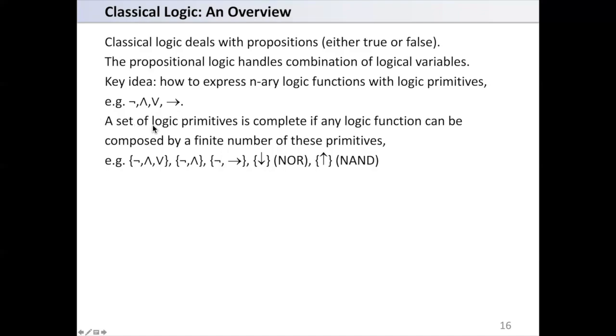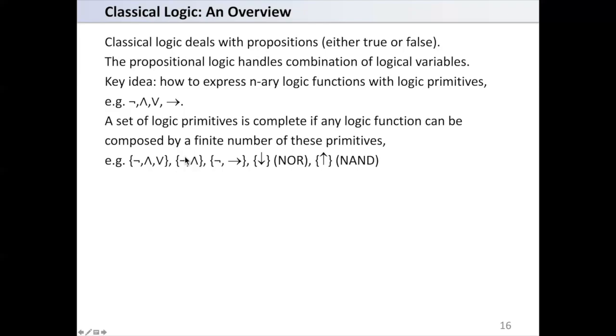A set of logic primitives is complete if any logic function can be composed by a finite number of these primitives. For example, consider not and or, and. This is a complete set. Any binary logic function can be implemented by using these three operators.